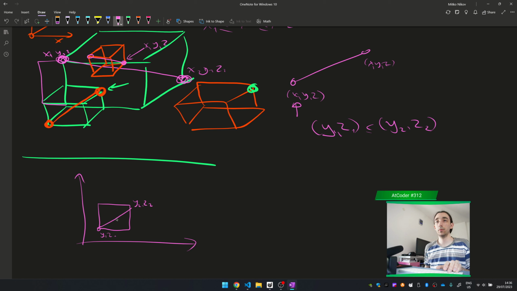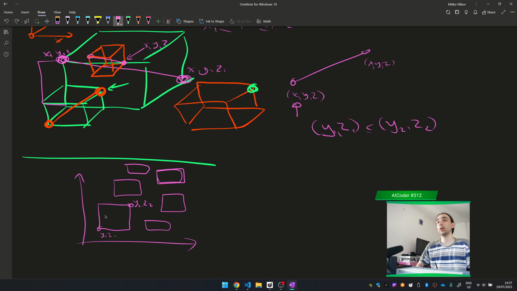Okay, so we have some rectangle, and now we have many rectangles of this, and now there's some point here. Now I want to query, is it inside one of the rectangles? So how do you do this?